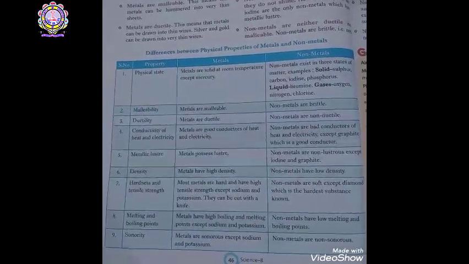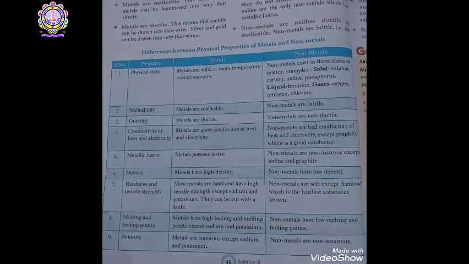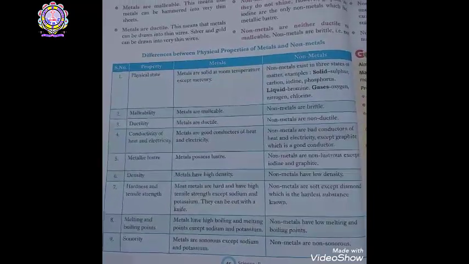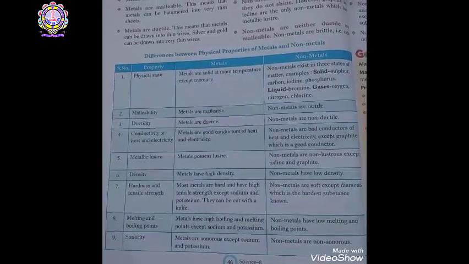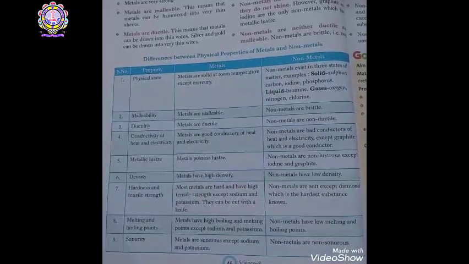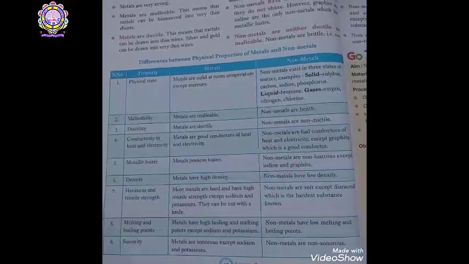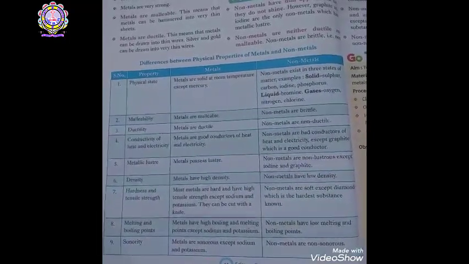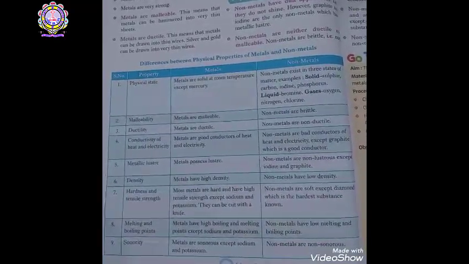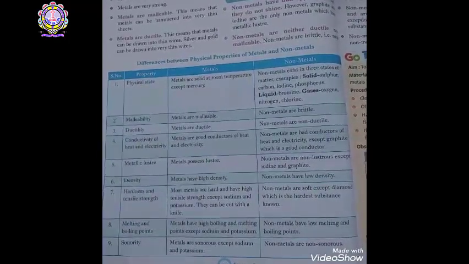These are the identifying points: physical state, malleability, ductility, conductivity of heat and electricity, metallic luster, density, hardness and tensile strength, melting and boiling point, and sonority.